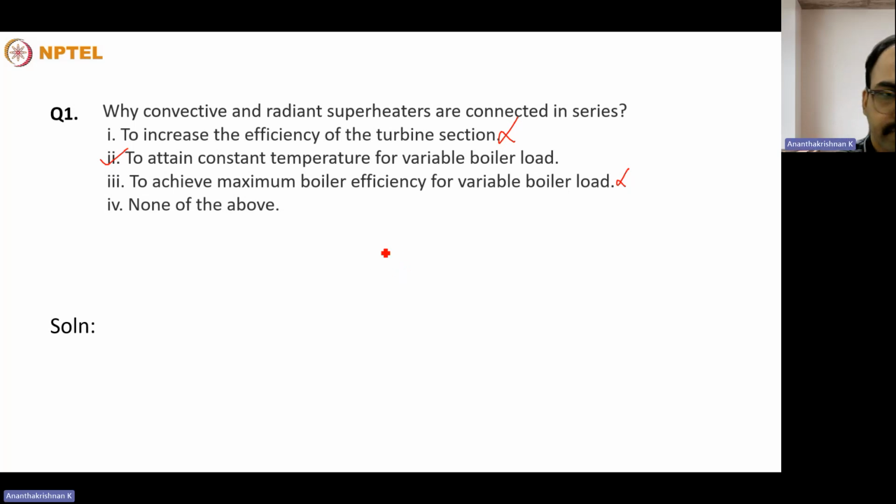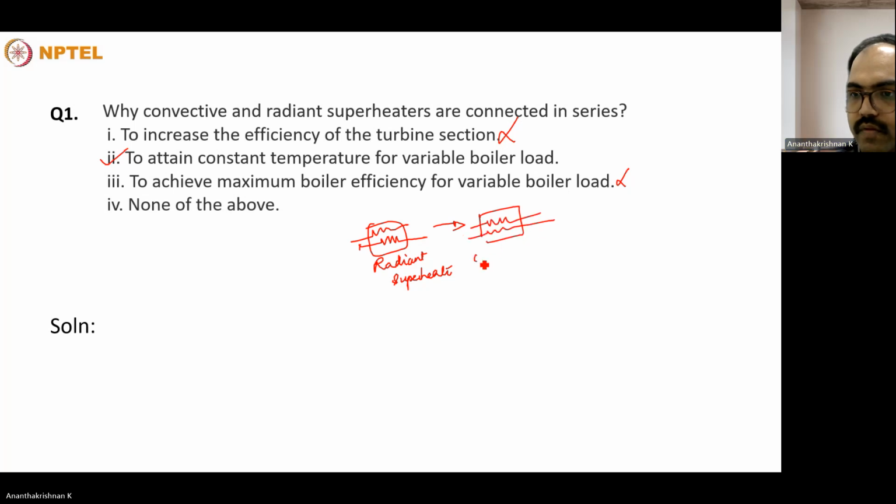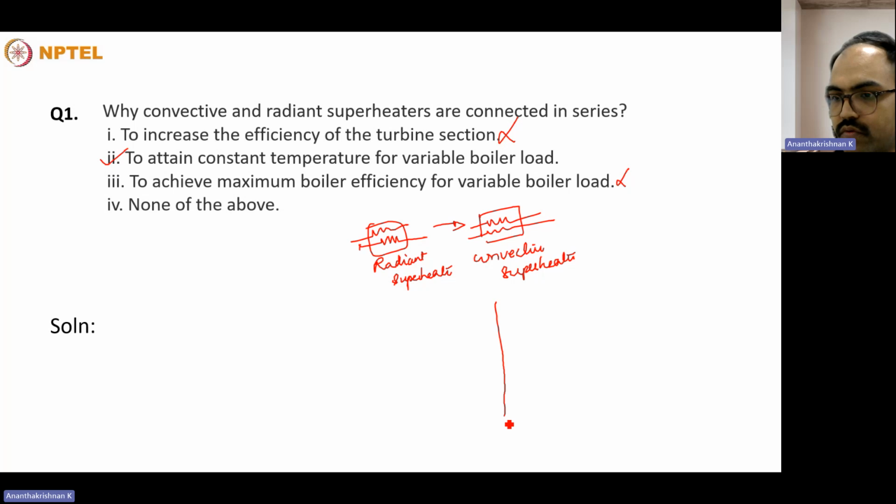For example, this is a radiant superheater, and this is followed by a convective superheater. These two are different heat exchangers that take into account the properties of radiation and convection separately.